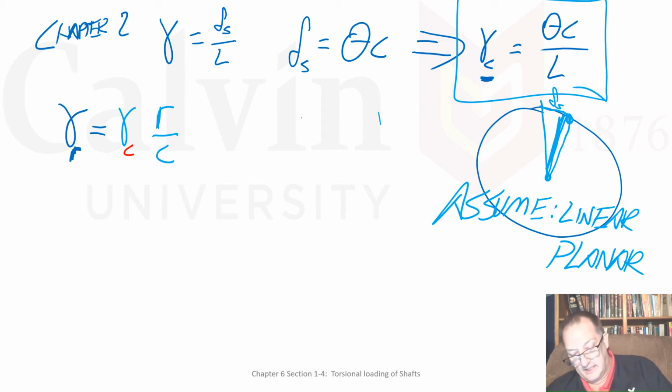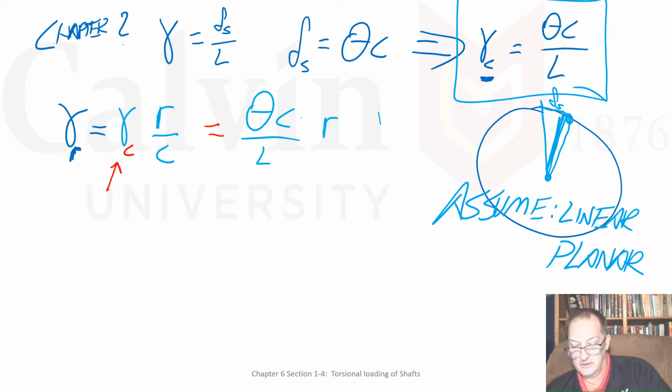I then need to go substitute this in. So this is going to be theta times C divided by L times R over C. Or I could put the C over here to make it look like this equation, but it doesn't matter.